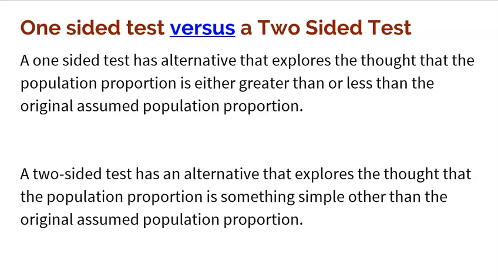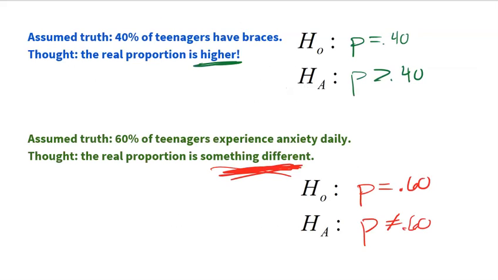It's just something different. So if we go back here, this first example would be a one-sided test because it only explores being greater than 40%. This example down here would be a two-sided test because I don't care if the number's higher or lower. I just care that it's something different.